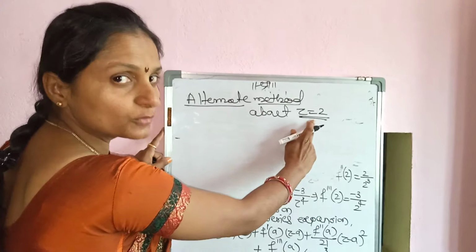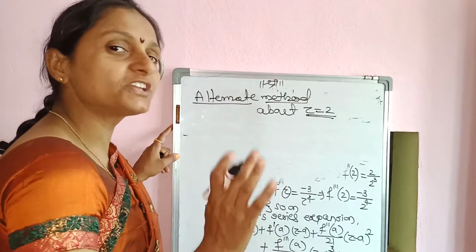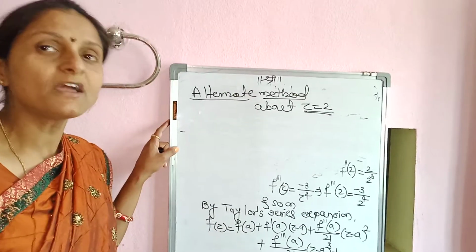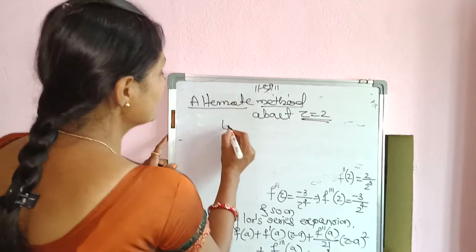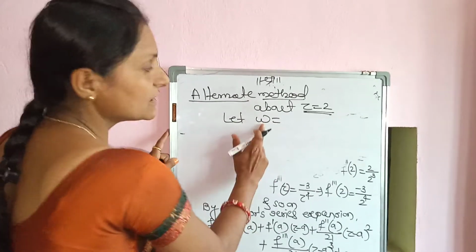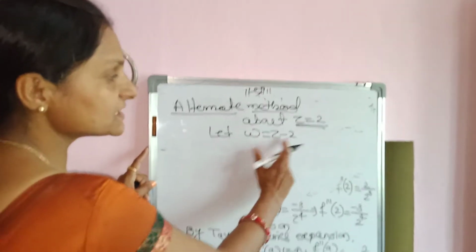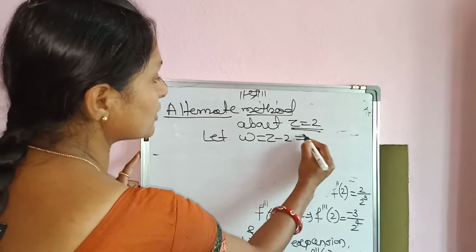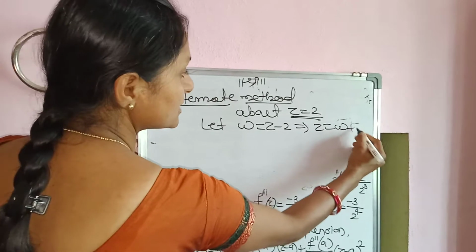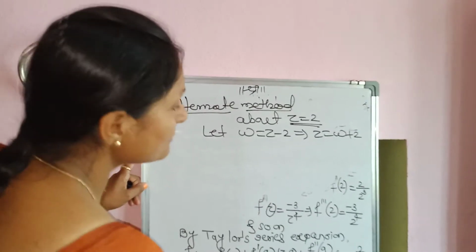Z equal to 2 means within your series expansion, you must have the terms of the type z minus 2. So I will write, let omega be any variable equal to z minus 2. If omega is equal to z minus 2, obviously what will happen? Z value is nothing but omega plus 2.